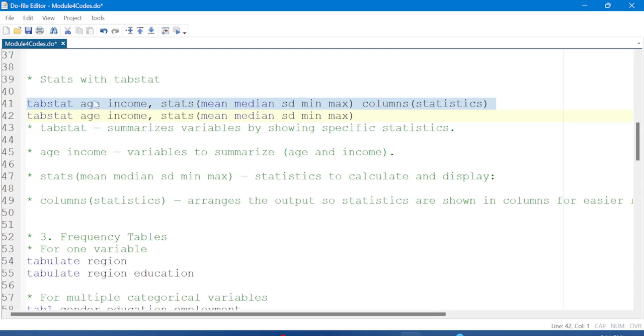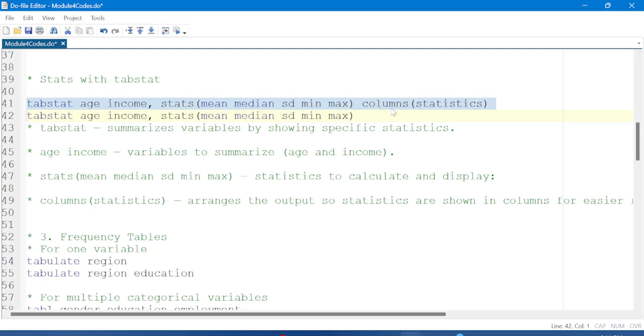And remember, tabstat is used to produce frequent tables for data with numeric variables, like age and income. And we need stats related to mean, median, standard deviation, minimum value, and maximum value.